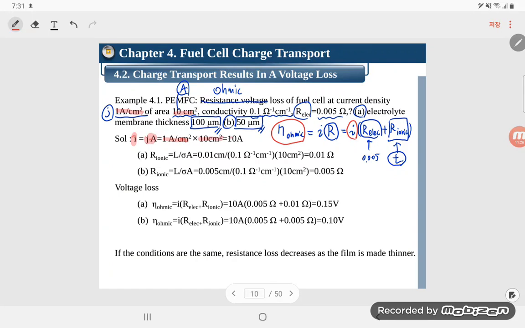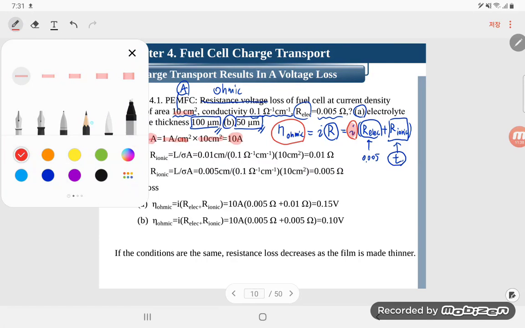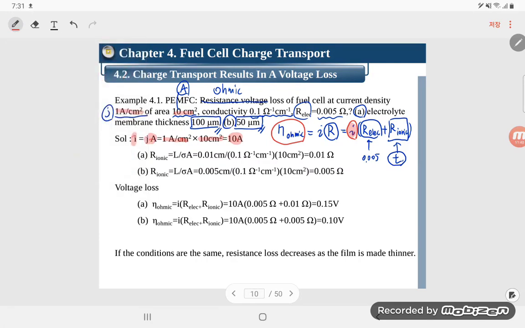So we get 10 ampere. This is the current. So we inserted this value in here. Okay, then let's calculate the resistance.